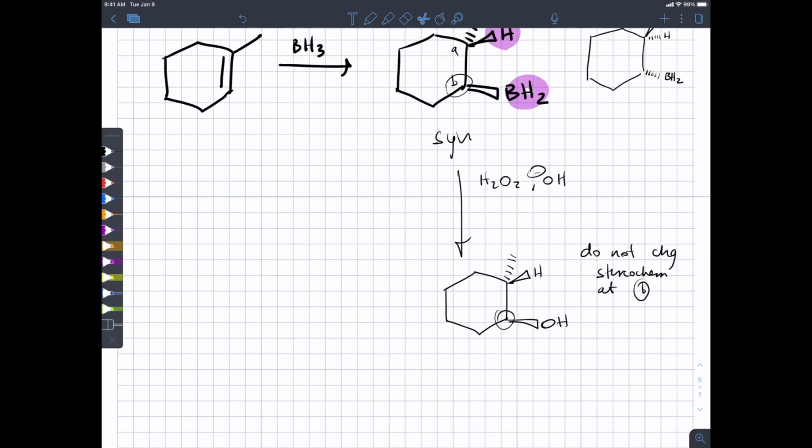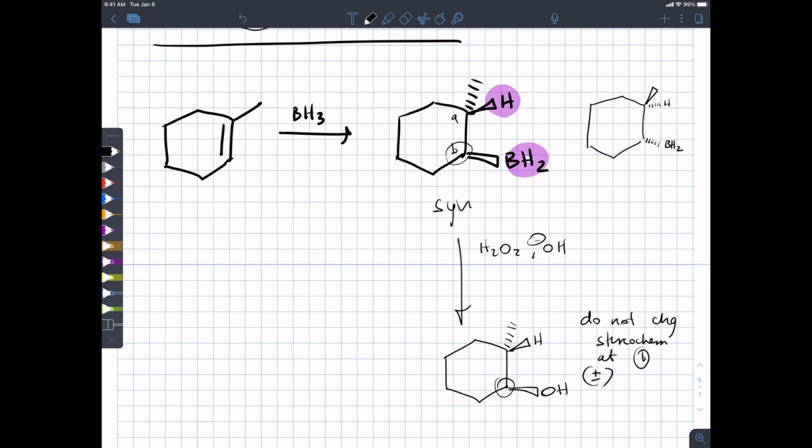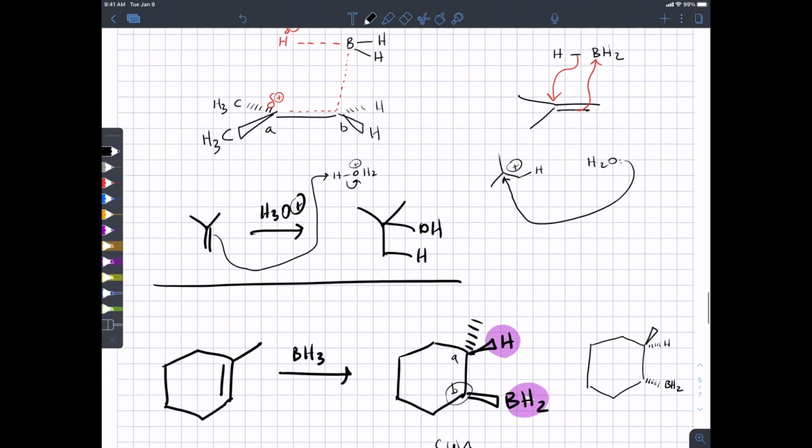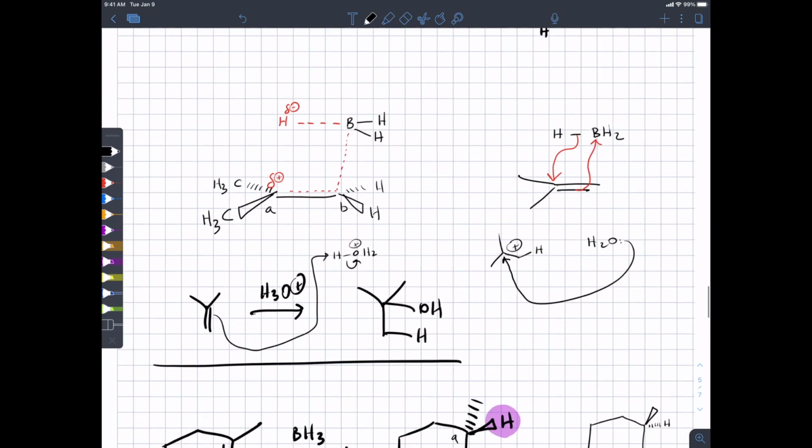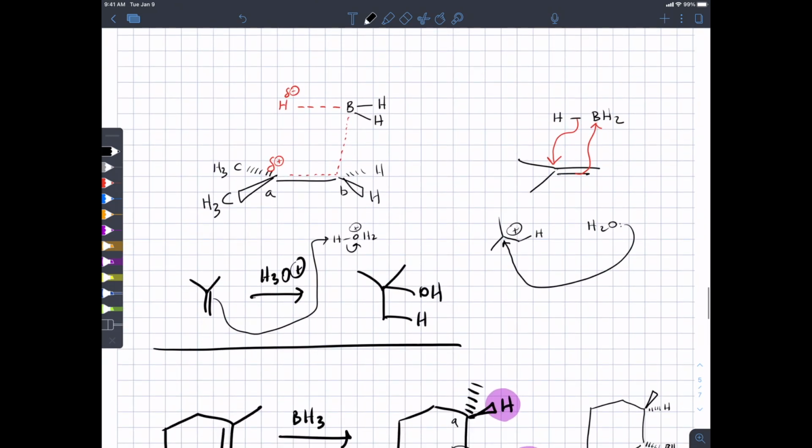Hey, Dr. Price, could I just clarify my question that you drew out right there? Sure. I'm more wondering why the H and BH2 have to be on the same side. Is that just a mechanism we don't have to know? No, it is something I want you to know, and it's because of this transition state. We're looking at this alkene sort of on the side. I could even, if you want, draw the plane that the alkene's sitting in.